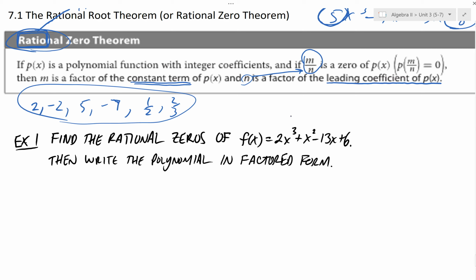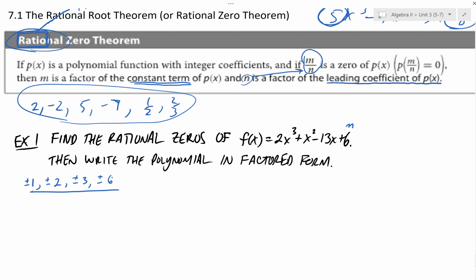Okay, so we said that our numerator needs to be a factor of 6. So in our numerator, we could have numbers like 1, so positive and negative 1 go into 6, positive and negative 2 go into 6. What else? 3. Positive and negative 3, and positive and negative 6.